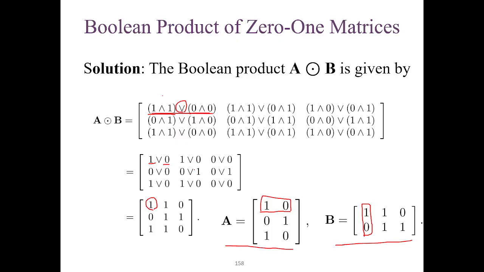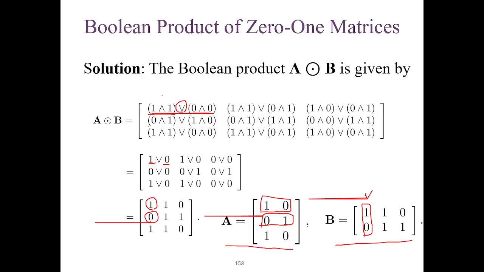So maybe we can see another position, for example, this one. For this one, we use the second row of A and the first column of B. So we will have 0 and 1, and 1 and 0, and then we OR the results.